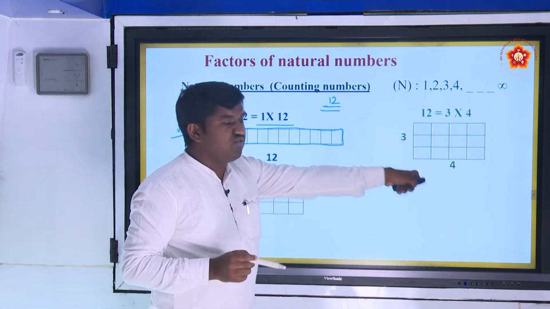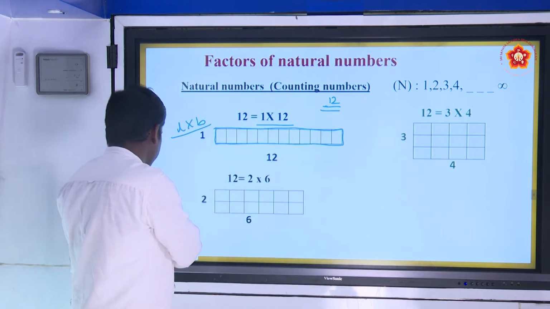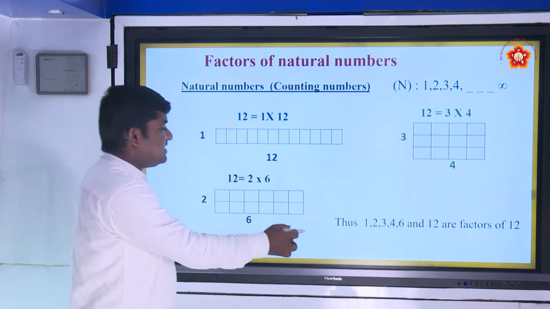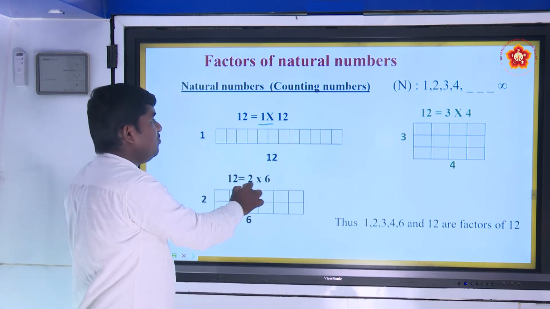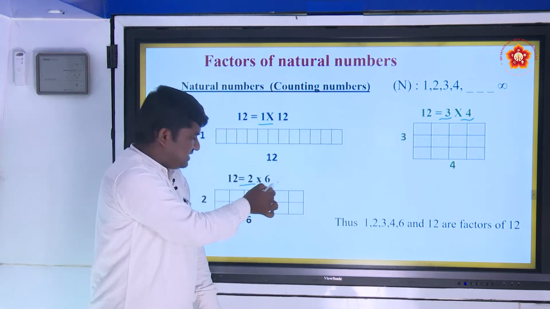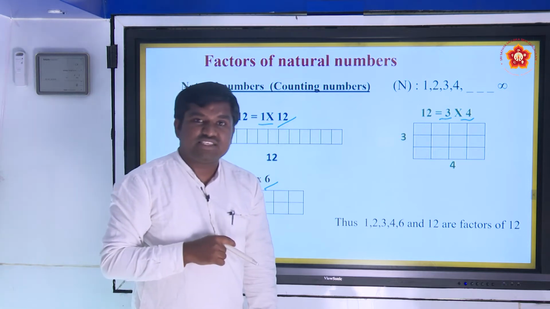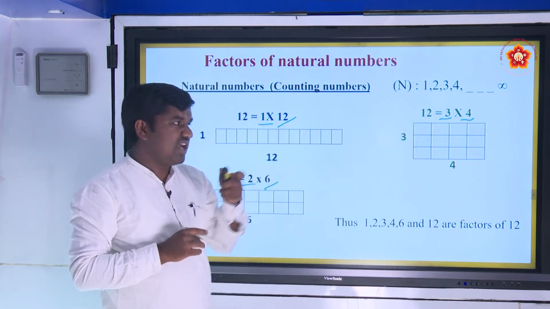Next, 3 into 4. 12 is equal to 3 into 4. Therefore, here, thus 1, 2, 3, 4, next 6 and 12. These are the factors of 12.